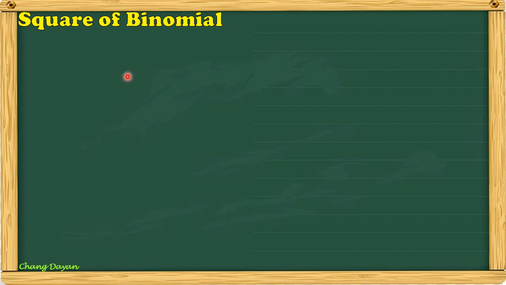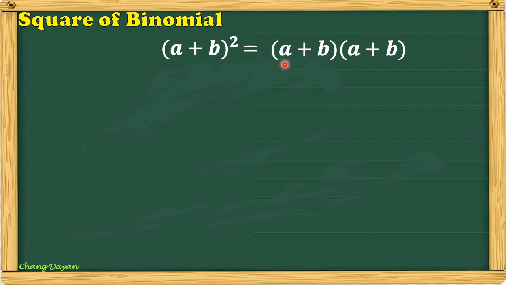That is in the form of the square of a plus b, or a plus b multiplied by a plus b. Using the FOIL method, multiply the first terms, a times a, and we'll get a squared.